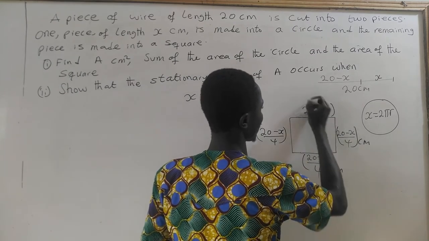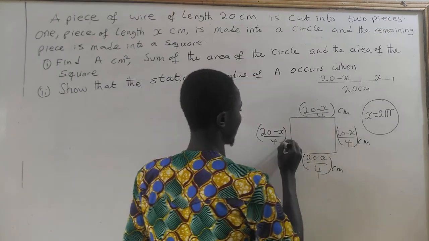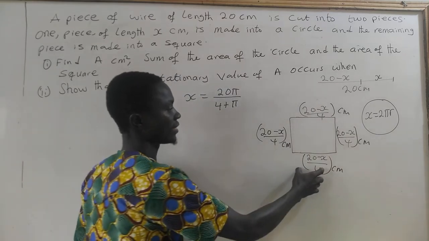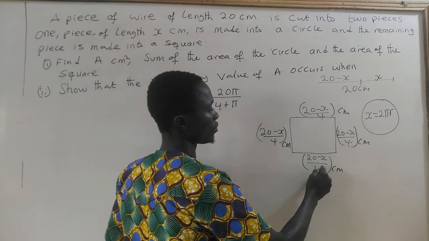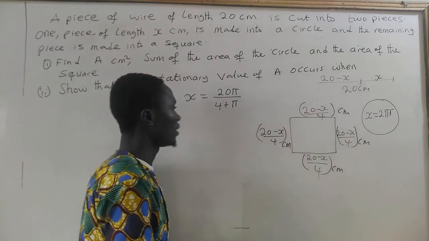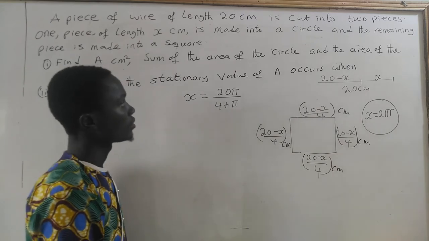Let me put the centimeters here. So if you add 1, 2, 3, 4, you get 20 minus x. Now, let's go to our question.